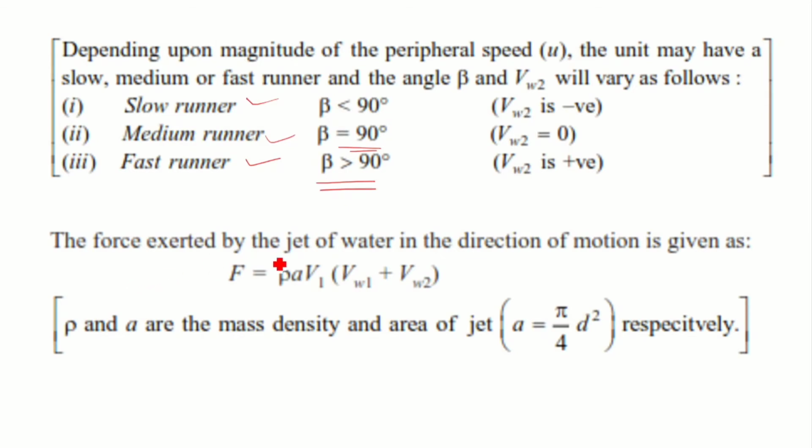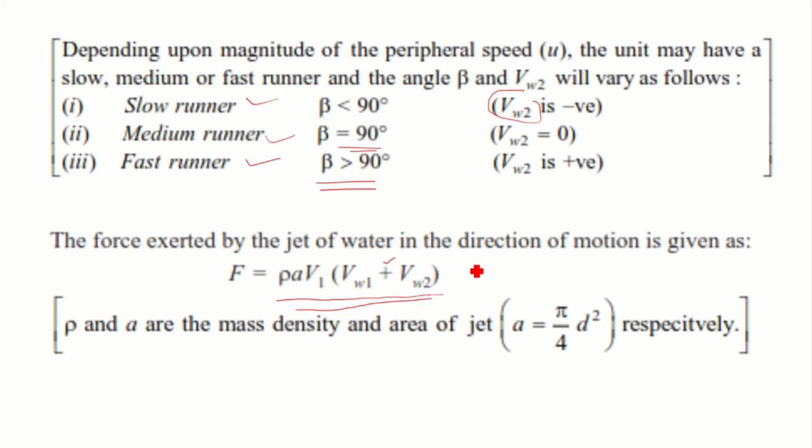So the force exerted by the jet of water in the direction of motion. We know that if beta is less than 90 degrees, the Vw2 term becomes negative, so here the term becomes positive. The force exerted by the jet of water in the direction of motion is given as rho a v1 into (Vw1 plus Vw2).